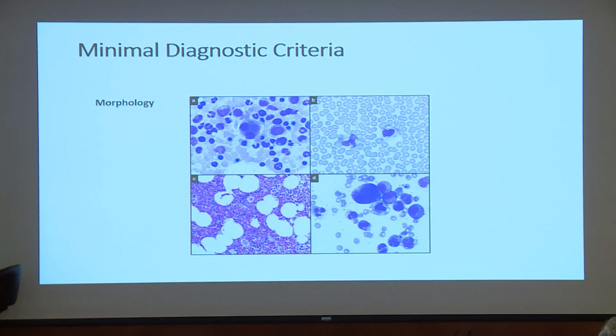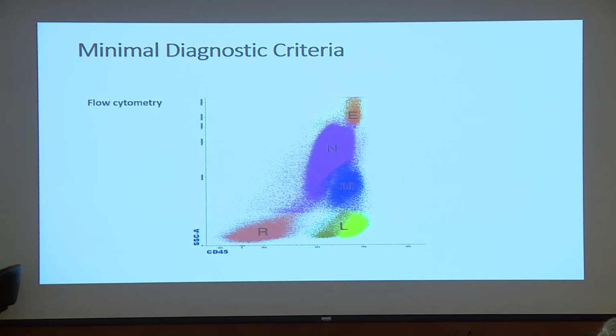The essential tests we usually use to diagnose MDS are bone marrow aspiration and biopsy examination through the morphology to assess the blast number, dysplasia, and cellularity of the bone marrow, and flow cytometry.